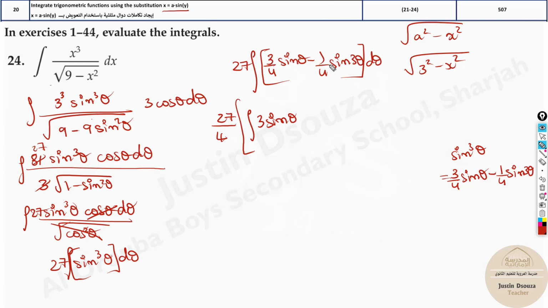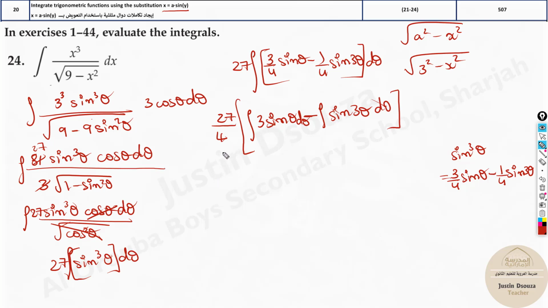Sine 3 theta is not the same as 3 sine theta, okay? So I'll write this minus the integral of, 1/4 is gone out, right? So I'll have only sine 3 theta. Now both should have d theta, because I'm splitting this and this. See, this is in the bracket, right? Distributive property, integral and d theta for this term and for this term. Over here it'll be minus. And now what we can do is we can just solve them up.